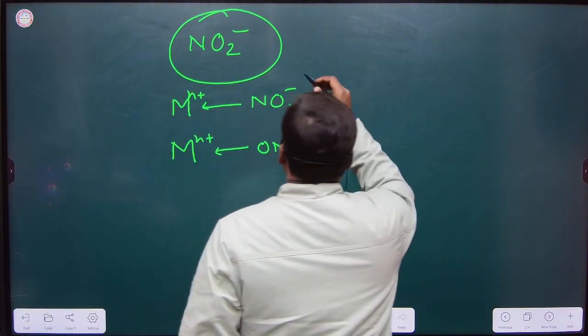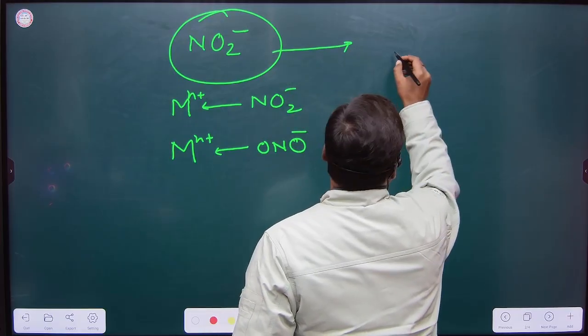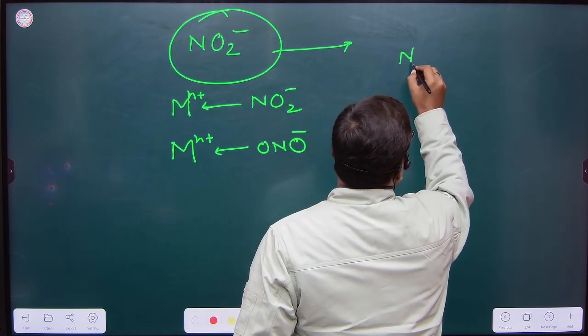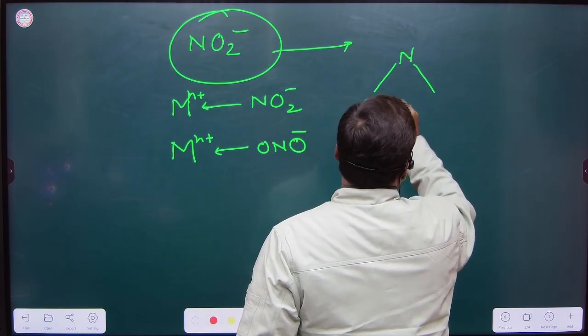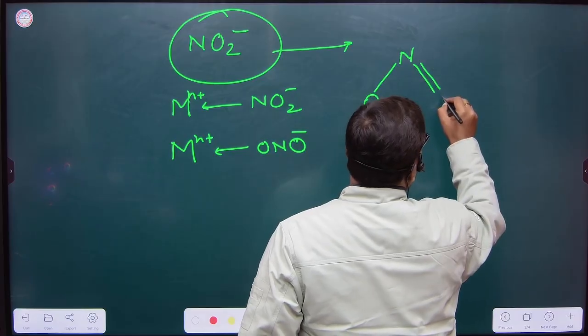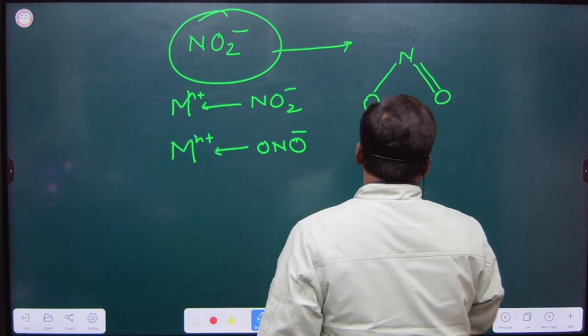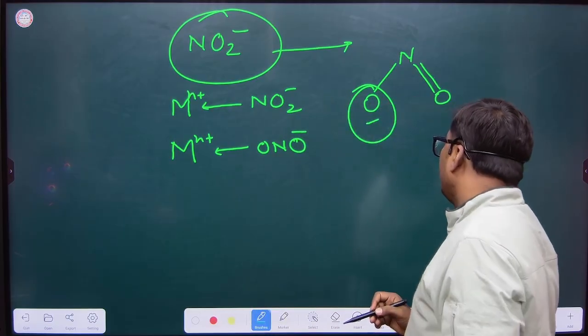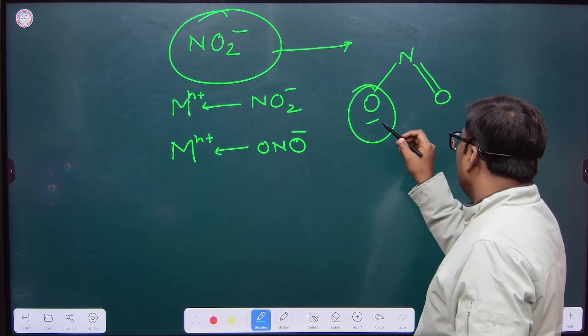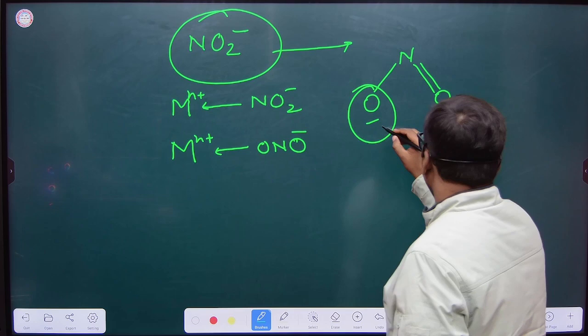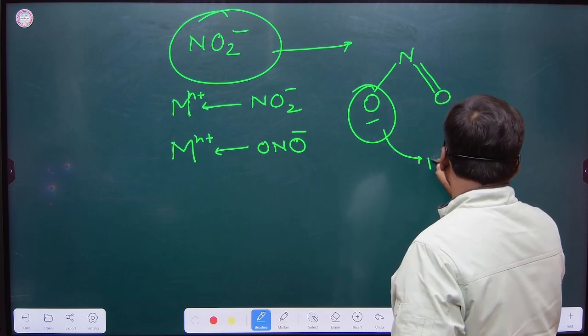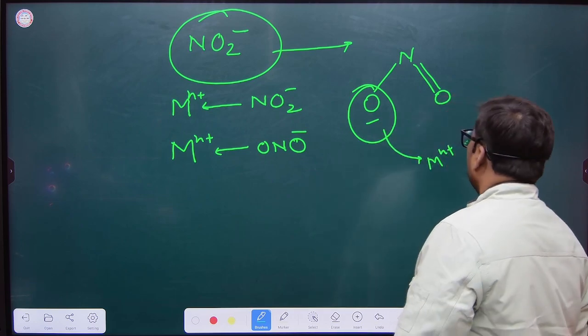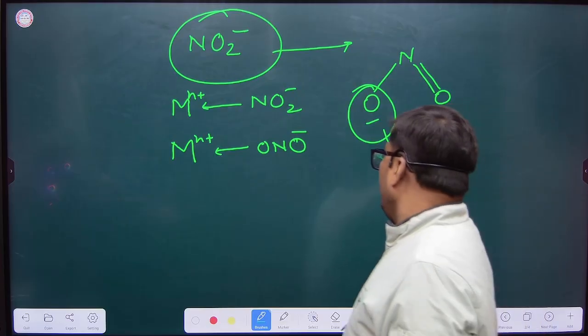So what is the structure of this kind of ligand? That is N, O, and this is O minus. This is the negative oxygen ion. This is an electron-rich species, so it can donate, right? So M n plus.